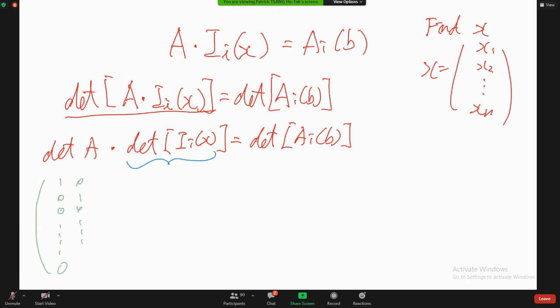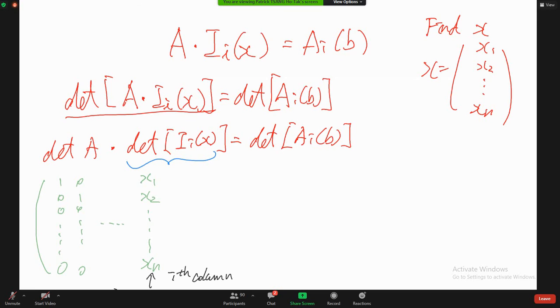After several columns, I would like to replace the ith column of the original identity matrix by x. In particular, this is the ith column.